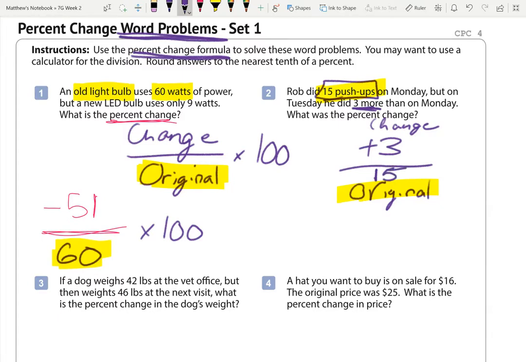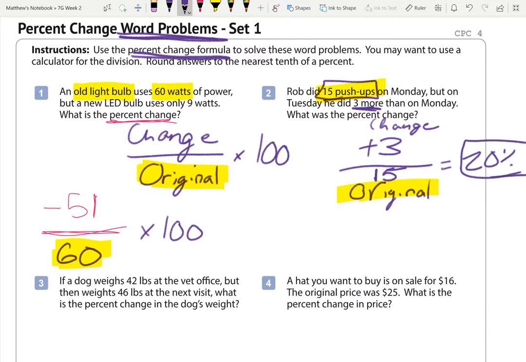And when I do 3 divided by 15, that's like doing 1 divided by 5. And so that gives me 0.2. And now I want it as a percentage, so I need to move that decimal point over 2 spots, or multiply by 100, you might say. And that's going to give me, if I rewrite this with a decimal over there, 20%.